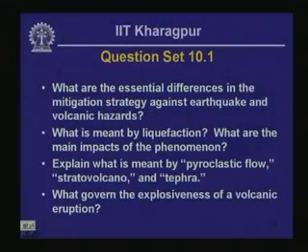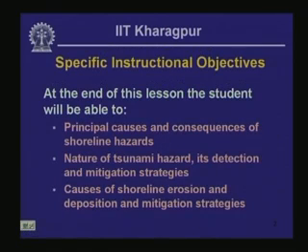So these are the factors that govern whether a volcano is going to behave in an explosive manner or not. So that takes care of the question set, and now we move on with today's lesson.